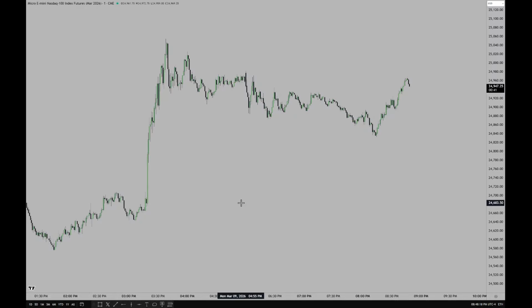All right, so here is the micro E-mini NASDAQ 100, and it's the March delivery contract. And you can see in the last hour, same thing here at 3:15, starts running, and then now we've been meandering around in here.